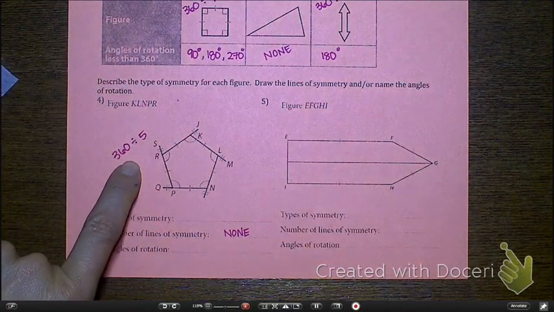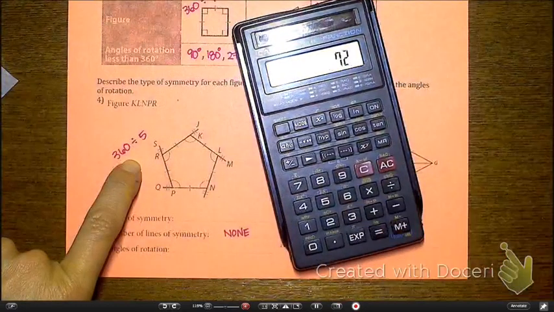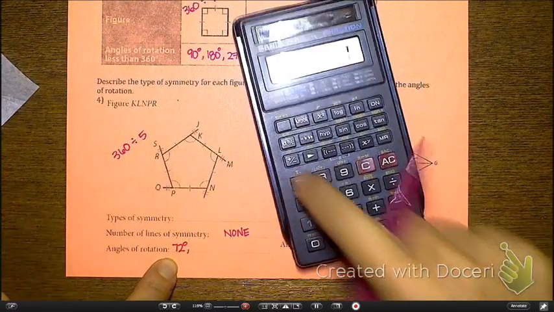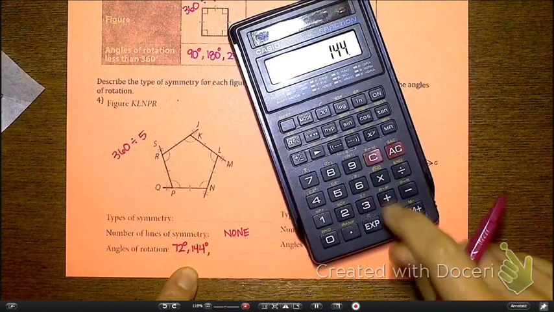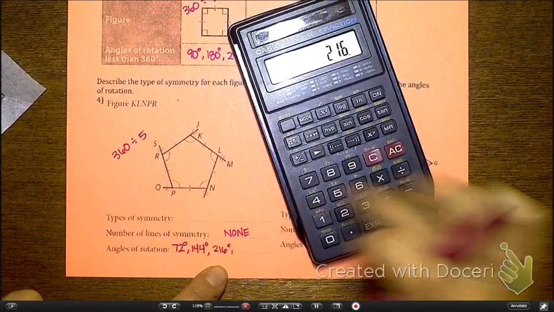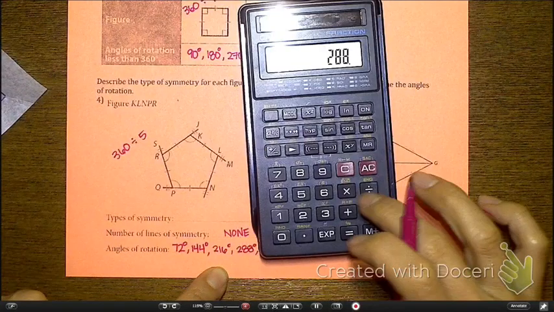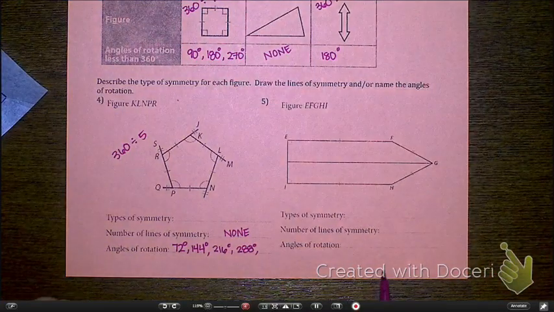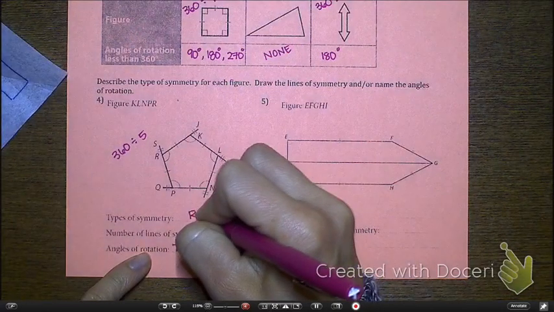Divide 360 by 5. So, what's your first angle of rotation? 72? Okay, now to find all the other angles, I keep adding 72. So 144, then add 72 again, 216, 288, okay, back to 360. So I don't need to list that one. Does that make sense? Okay, so what type of symmetry does this figure have? Rotational.